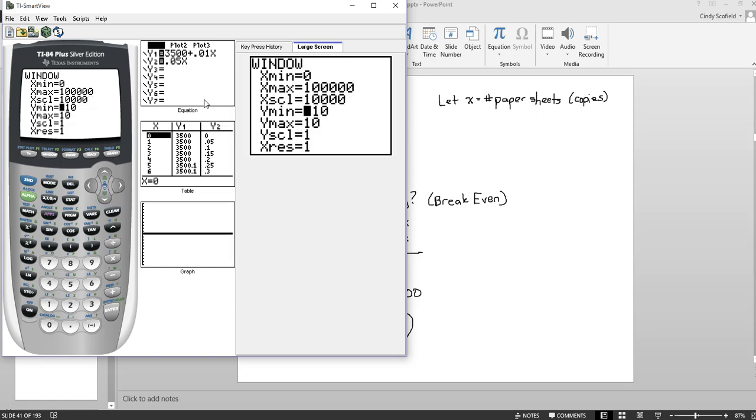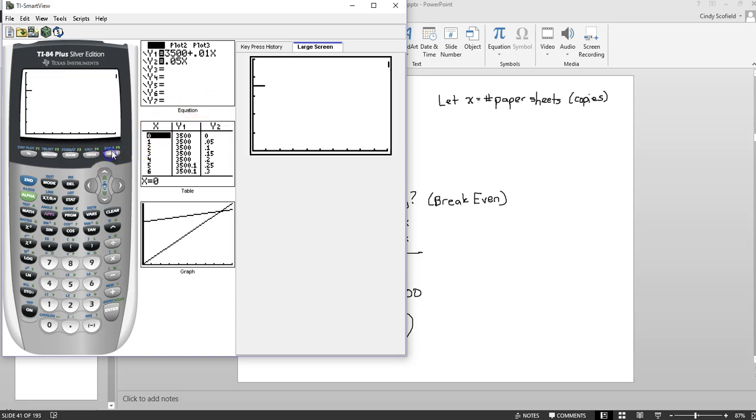And then let's let y min be 0. For y max, for now, let's make it 100,000. Well, what happens to y when I plug that in? I think we can just let y max be 5,000. And I think we can say the scale is 1,000. And then hit graph.